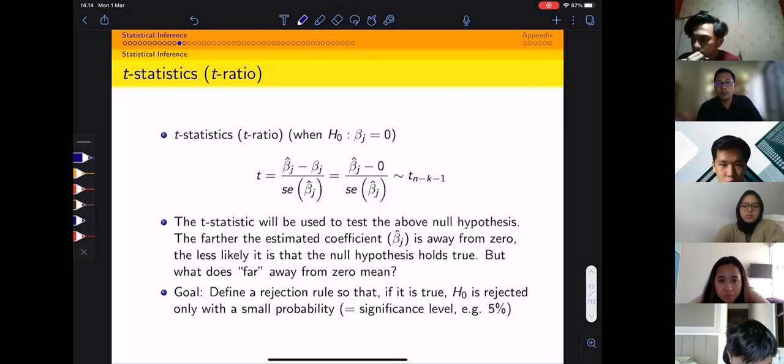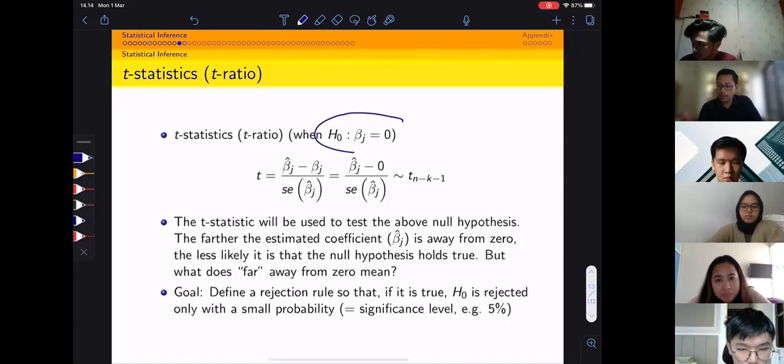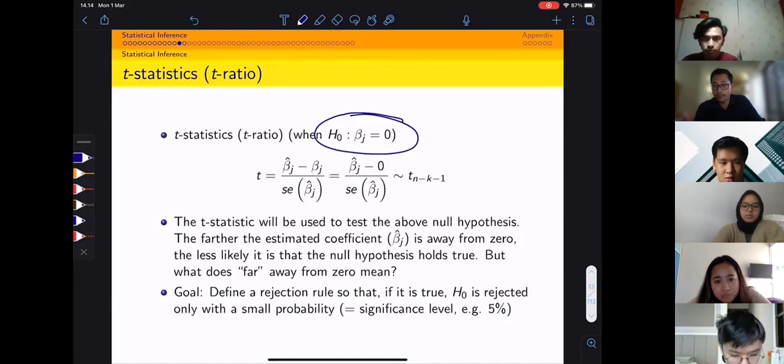I'll continue and discuss the t statistic, which some people call the t ratio. Before we do any calculation of the t statistic, we always have to revisit what the null hypothesis is. In this particular case, we assume the null hypothesis is that beta j equals 0.